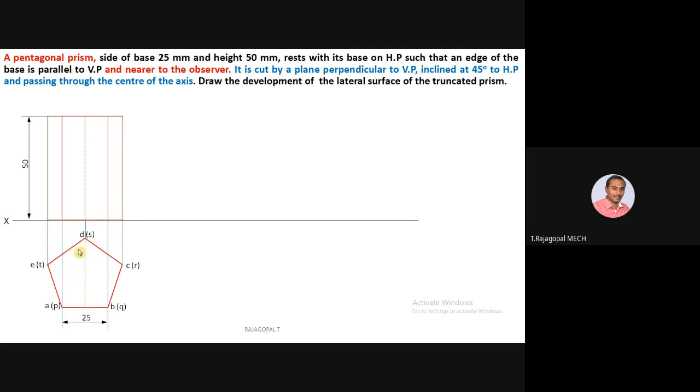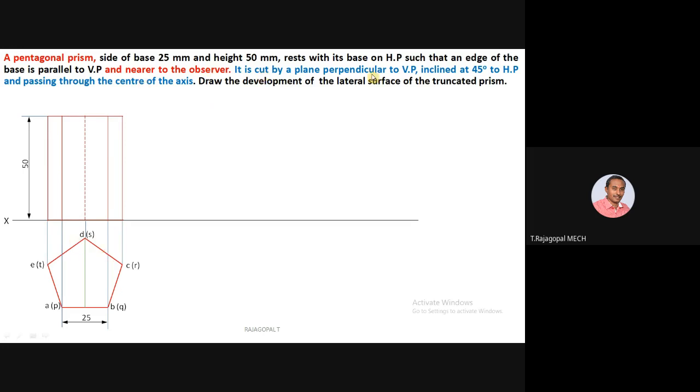The entire pentagon will be the remaining portion of the solid. I know the answer, that's why I started straight away with a thick line. If you know the answer, you can start your top view with a thick line. If you have a little confusion, and you are not sure about the remaining portion of the solid, it's best to always start with thin lines.